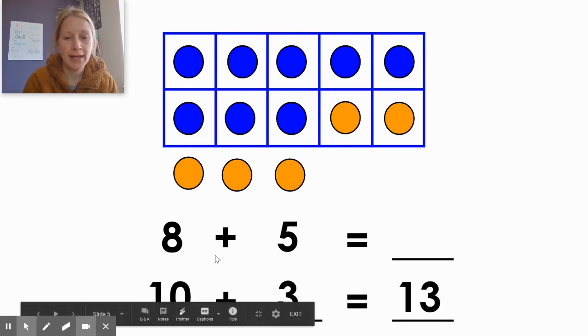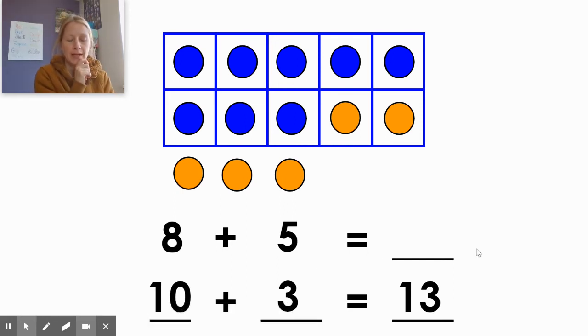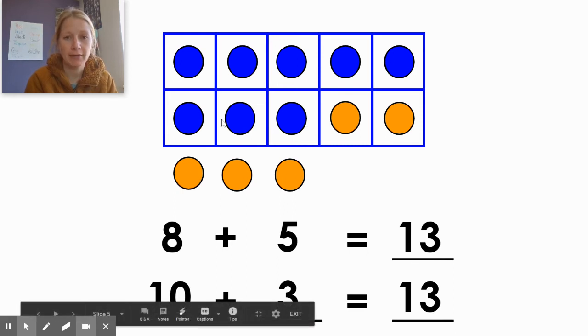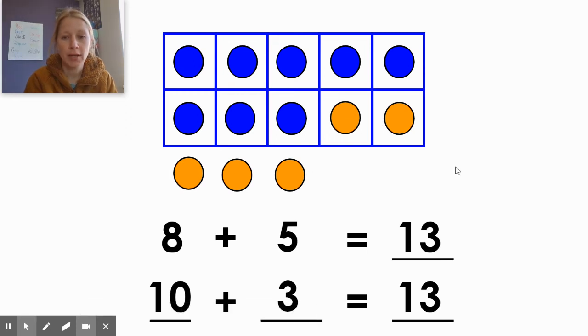So I can say 8 plus 5 equals, well, something that I do know is if I take 2 away from 5 and put them in my 10 frame, it gives me one group of 10, and I have 3 ones, which means I have 13, right? 8 plus 5 equals 13. I have 8 blue dots. I have 5 orange dots, and together that makes 13.